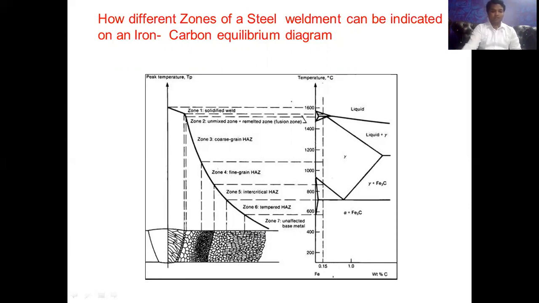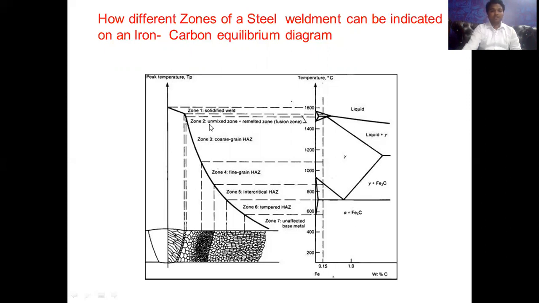Zone 1 is from the center of the weld to the boundary of the weld interface. We call it the solidified weld. In this zone, the grain structure is a columnar grain structure, which is similar to a cast metal structure.